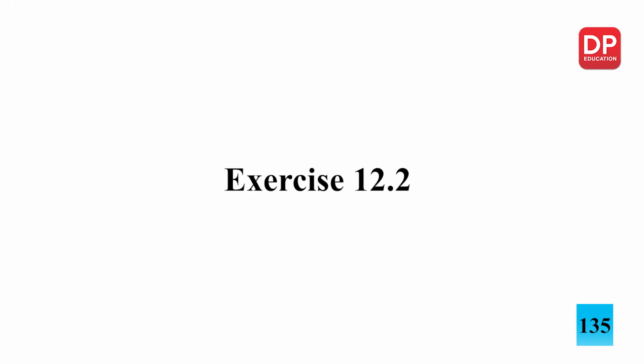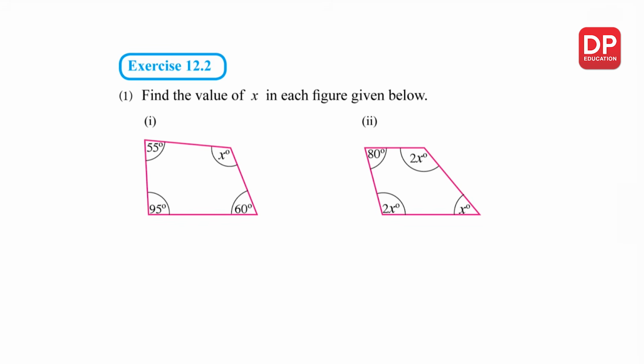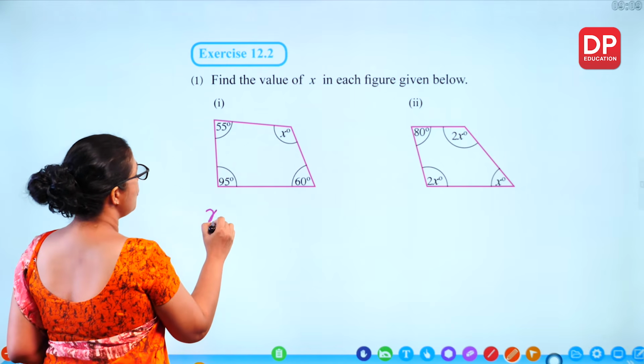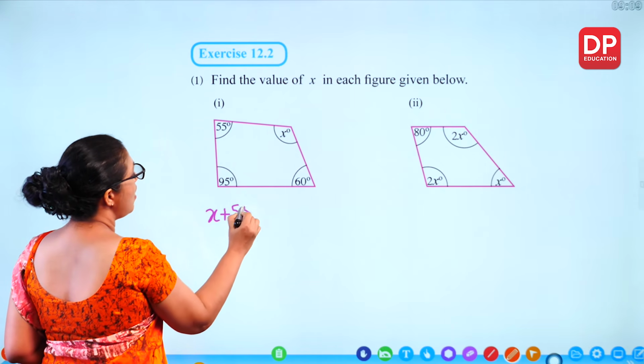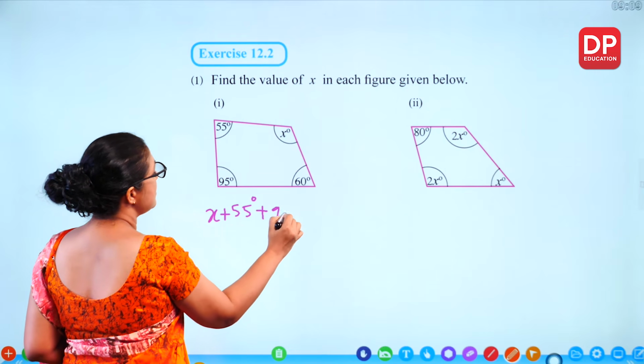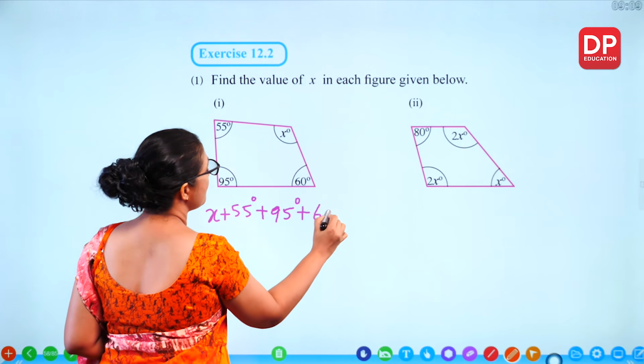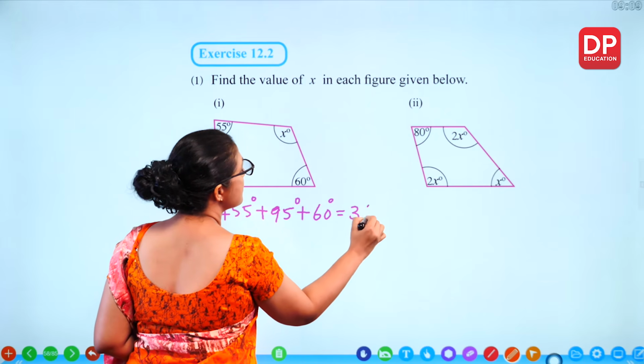Exercise 12.2. Find the value of x in each figure given below. So this is a quadrilateral. So you can add all these interior angles and equate to 360.